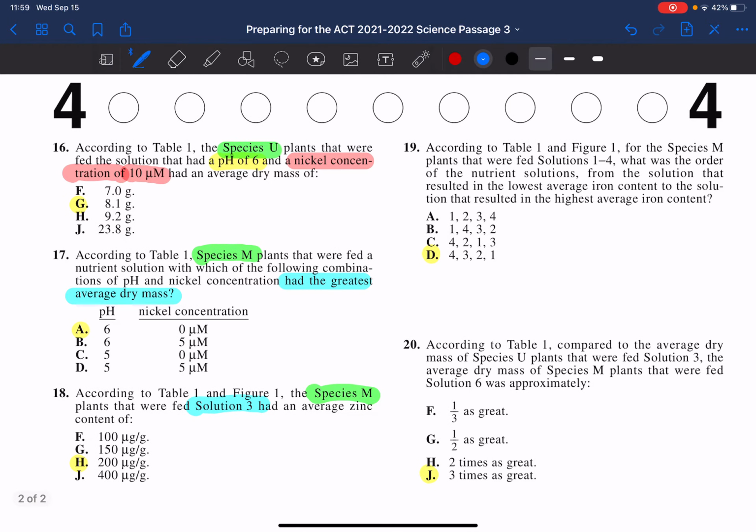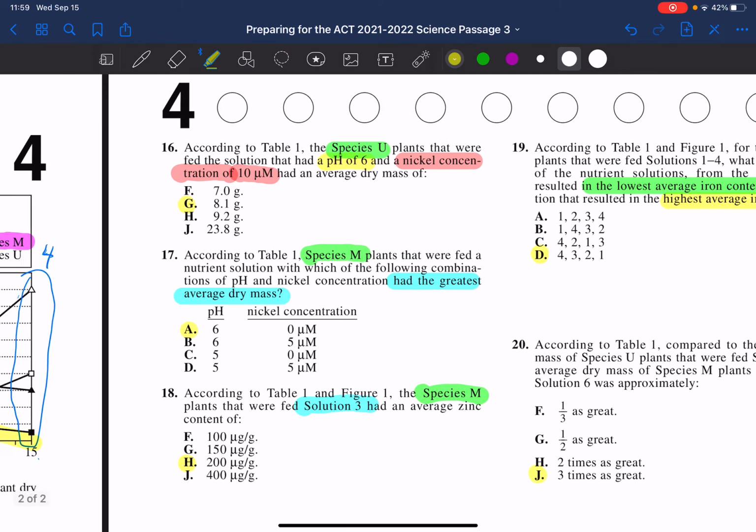Number 19, according to Table 1, Figure 1, for species M plants that were fed solutions 1 through 4, what is the order of the nutrient solutions from the solution that resulted in the lowest average iron content to the highest average iron content? All right. So we want to go back and look at species M, iron.